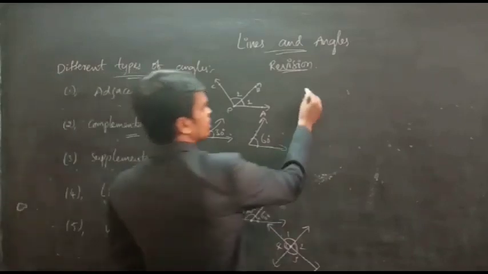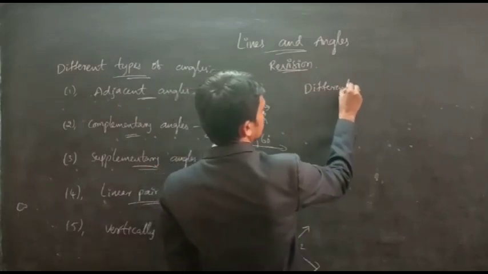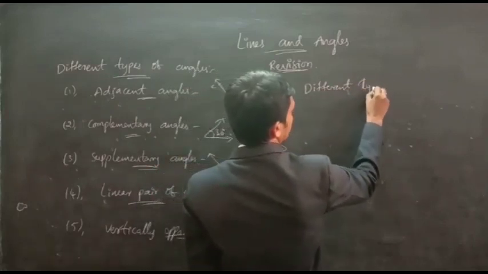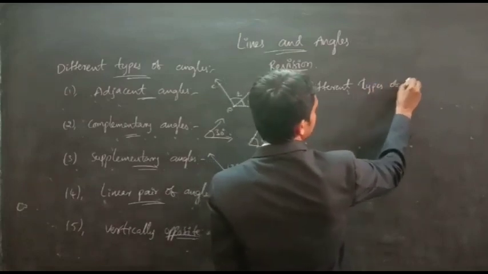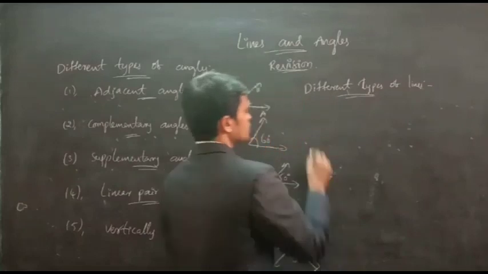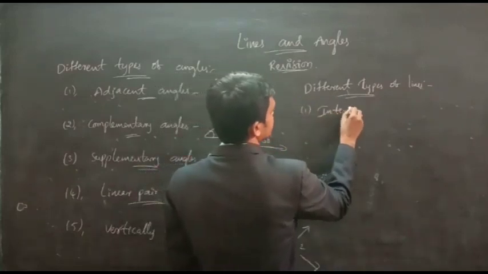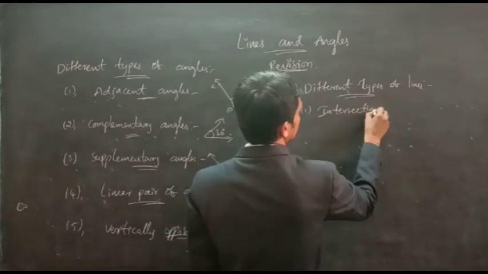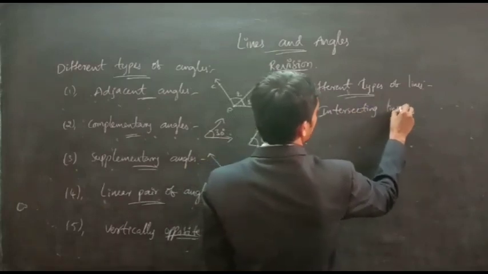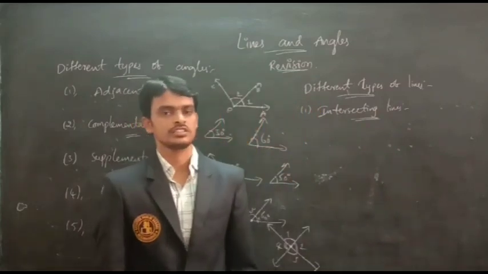Next, different types of lines. First one, intersecting lines.